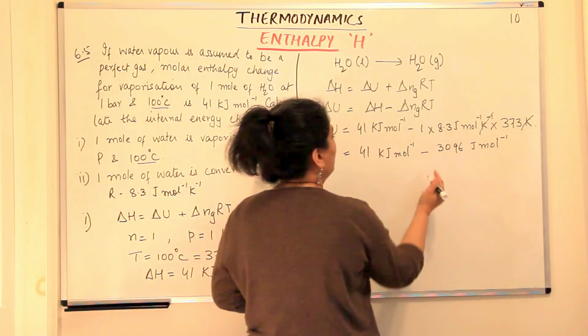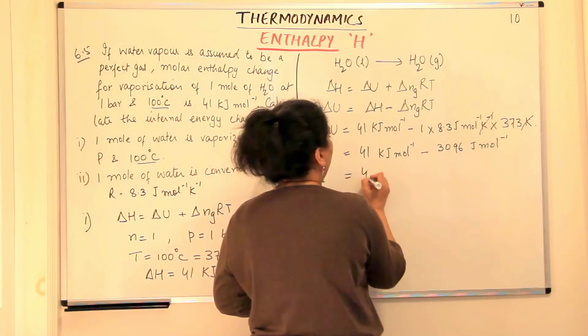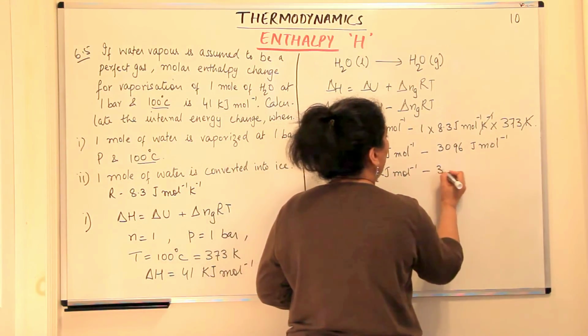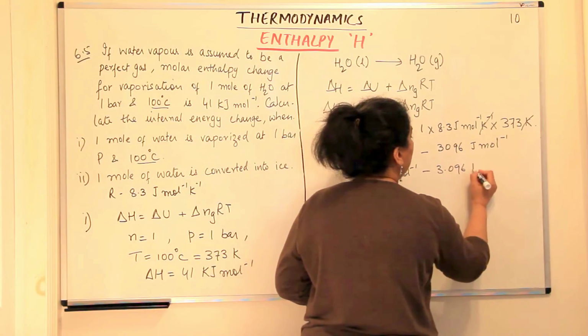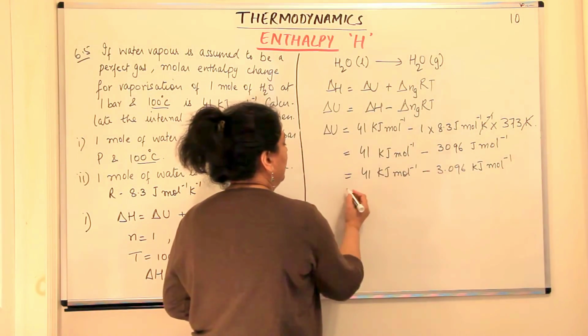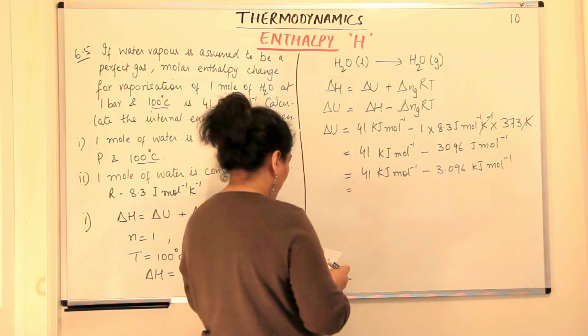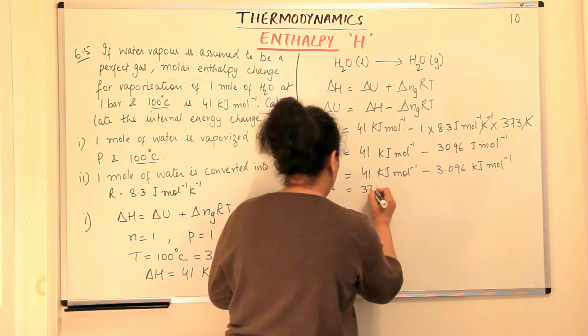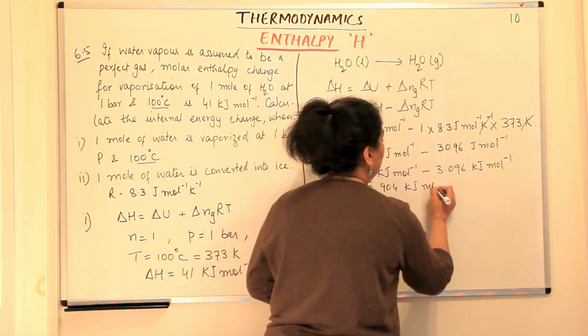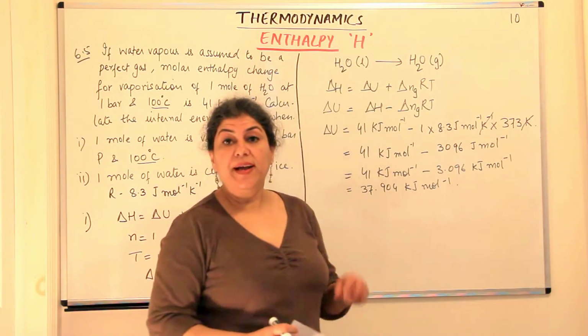But we need kilojoules. So this will be equal to 41 kilojoules per mole minus 3.096 kilojoules per mole. Right? Now you can carry out this subtraction and the value you get would be equal to 37.904 kilojoules per mole. That's your answer.